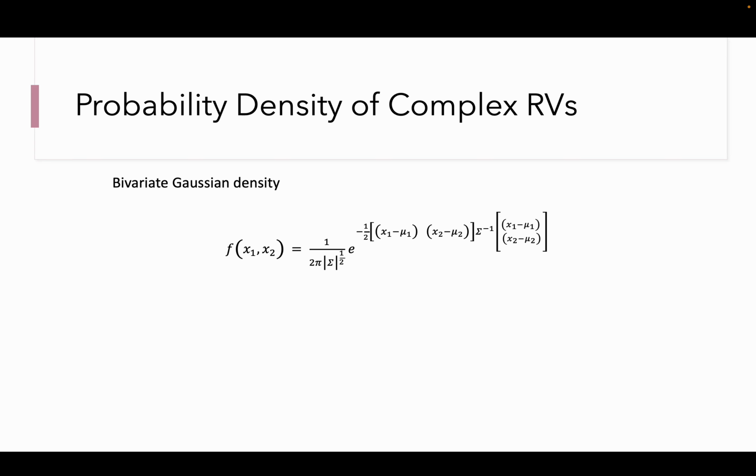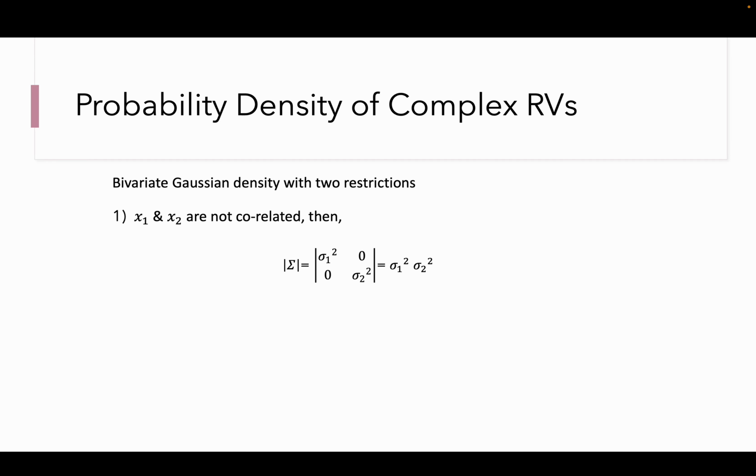Capital sigma is basically the covariance matrix of the random variables x1 and x2. Now let's put some restrictions on that bivariate Gaussian density. These are some conditions we impose on this Gaussian density. We'll discuss them now.